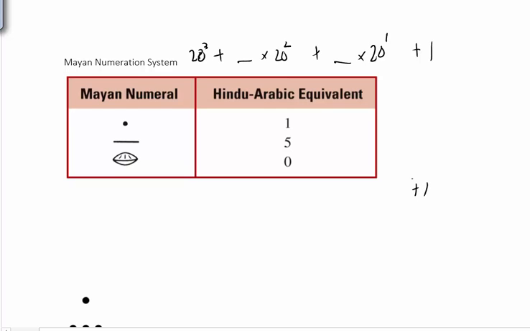The first position was their ones, then they did the 20, then where we would consider it to be 20 squared, they did 20 times 18, to generate 360.